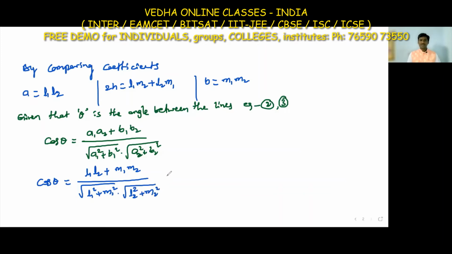Now we multiply and simplify in the denominator. So L1 L2 plus M1 M2 whole divided by under root of, I am writing the common root, otherwise write it on the next page.